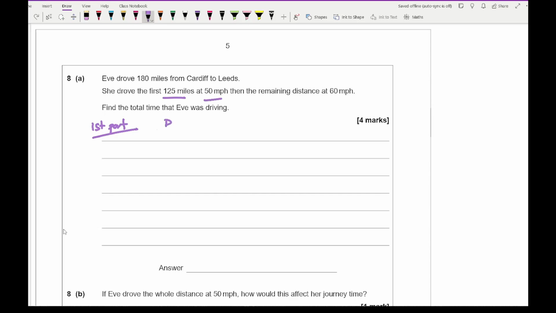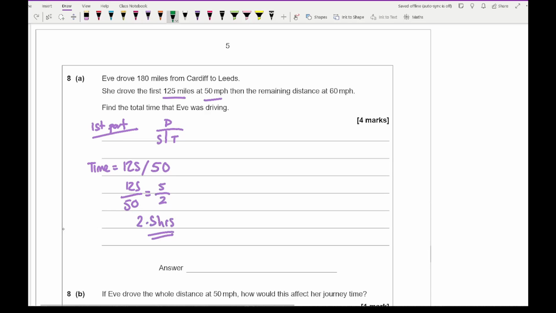So using speed, distance, time, the time taken is going to be 125 divided by 50, which if I write as a fraction should be easy for me to simplify. So I could divide both numbers by 25, so that becomes 5 over 2, which is 2.5 hours.